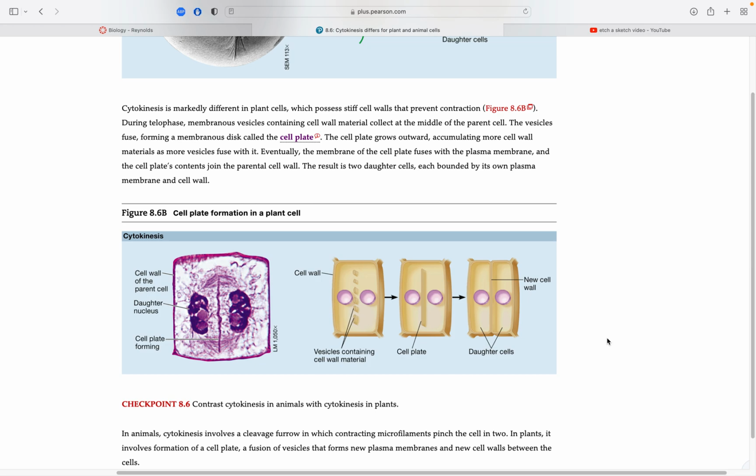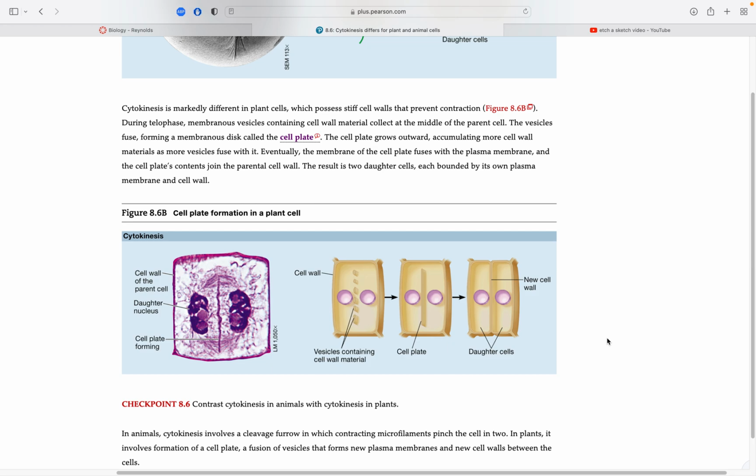So in plants, a new cell wall starts in the middle, a little bit here and there is a patchwork. It continues to form from the middle on out to the sides. When it finishes, it has 2 smaller cells with the same outer shape that it had originally. That's called a cell plate.